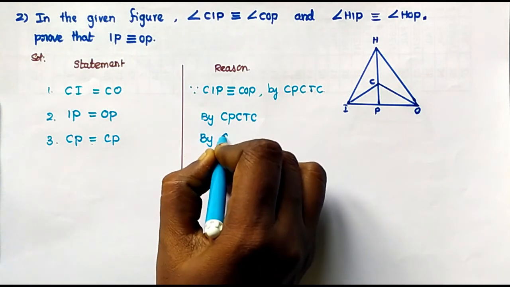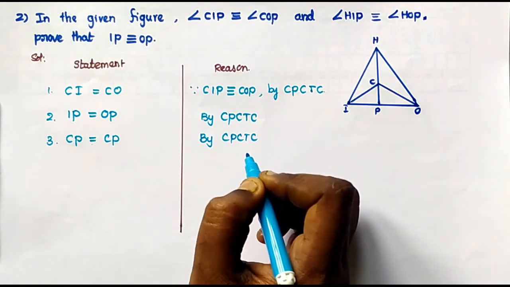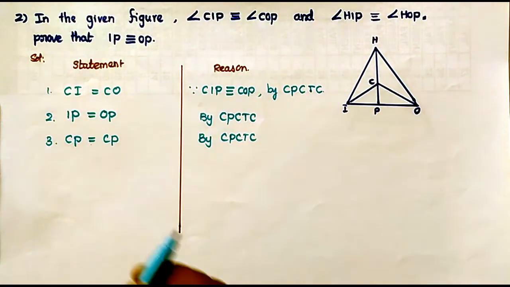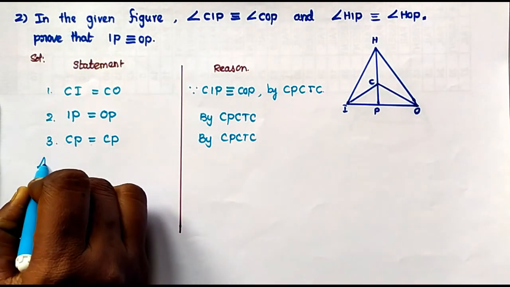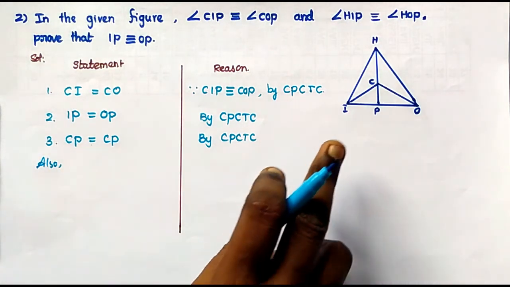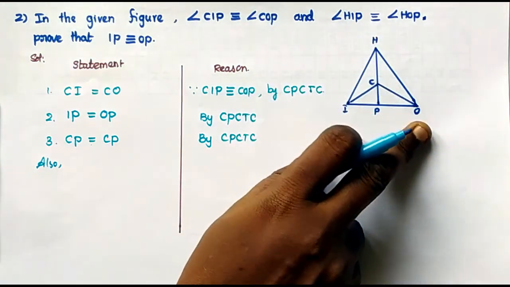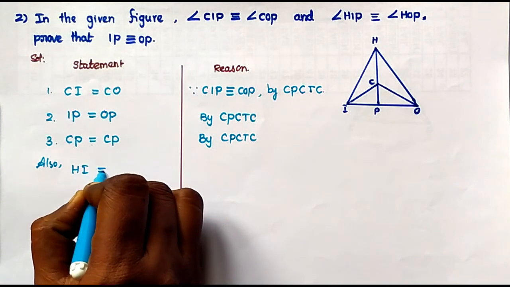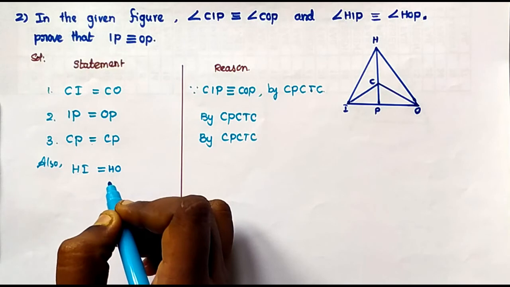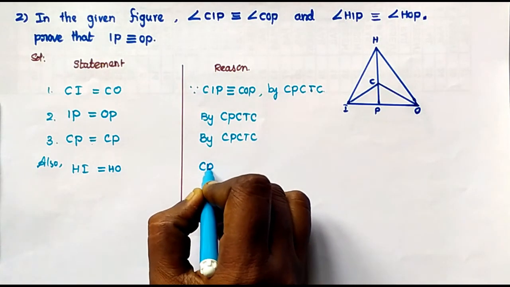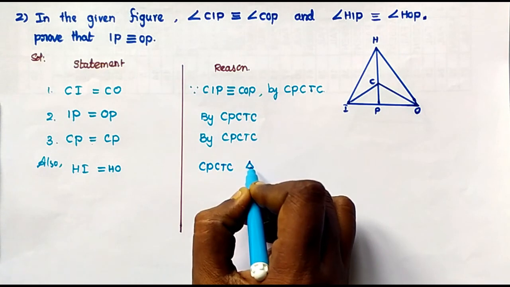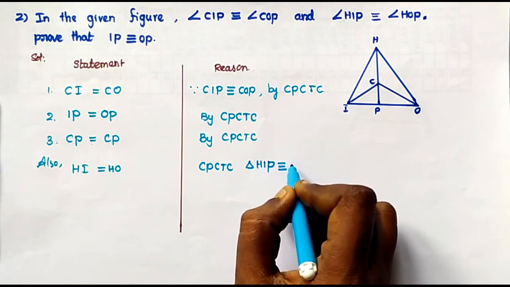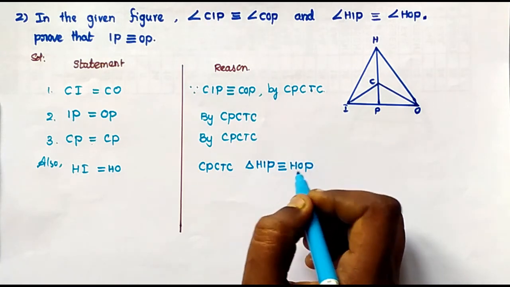That is also by CPCTC. Next, also HI equal to HO. That is CPCTC, triangle HIP is congruent to HOP. That is given.